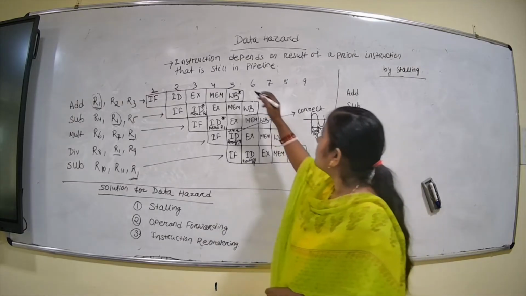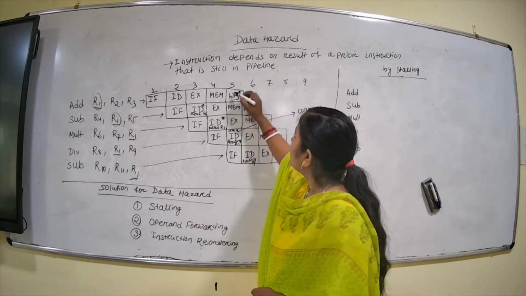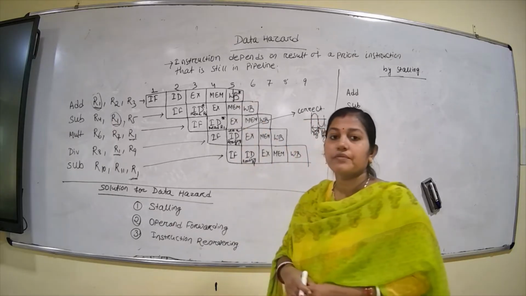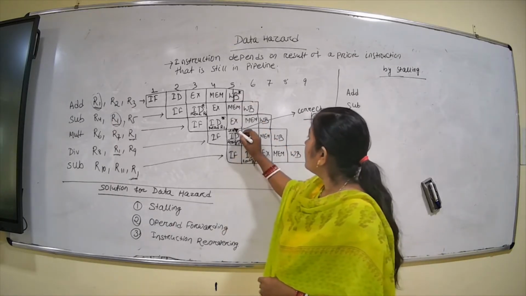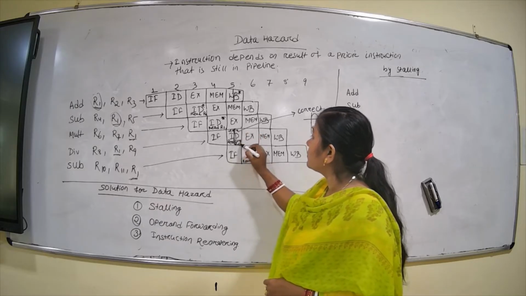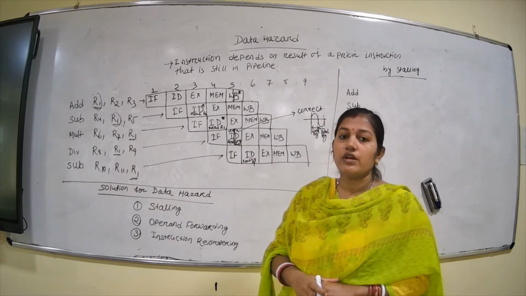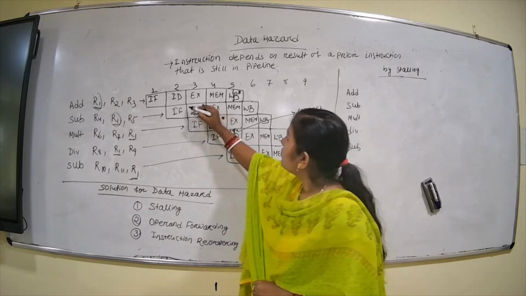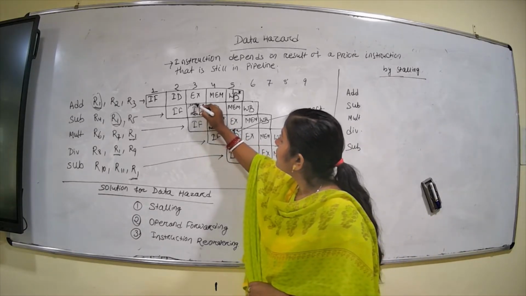That means we are writing to the register in the first half of the clock cycle, and in the second half of the clock cycle, we are reading the register. So here we will get the correct value, but here we will get the wrong one.